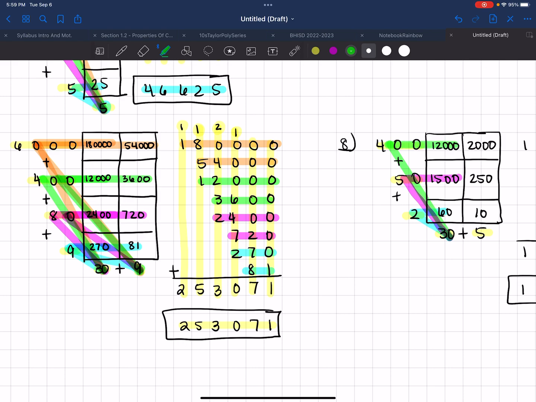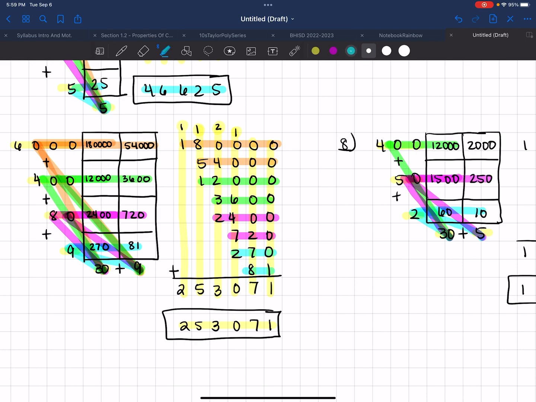Okay. Now you've done that whole column, so let's go back and do the 5. So 5 times 2 gives me 10. Then I have 5 times 50 will give me 250.